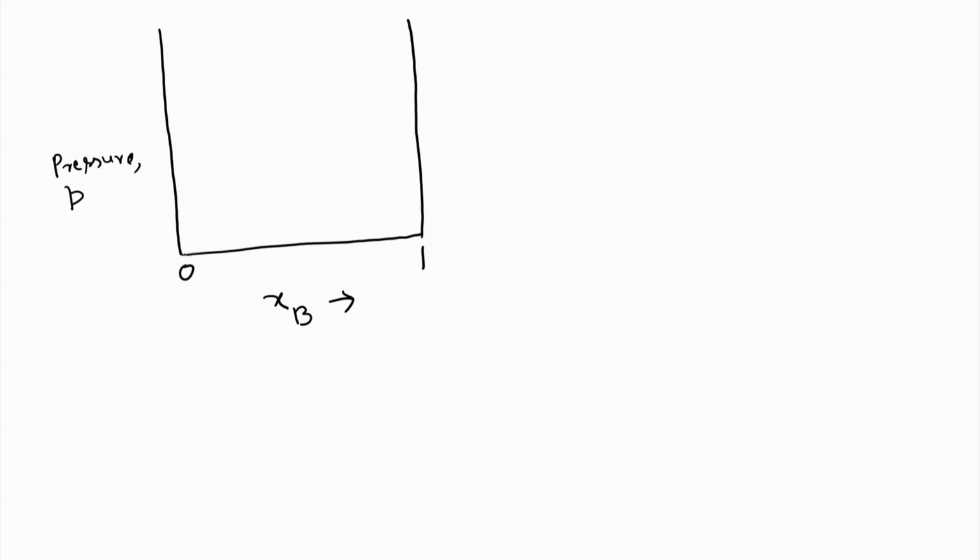And then we can draw like this. When XB equals 1, the pressure is nothing but Henry's constant KB, okay. And you get a line like this. So, this is for an ideal dilute solution, okay.